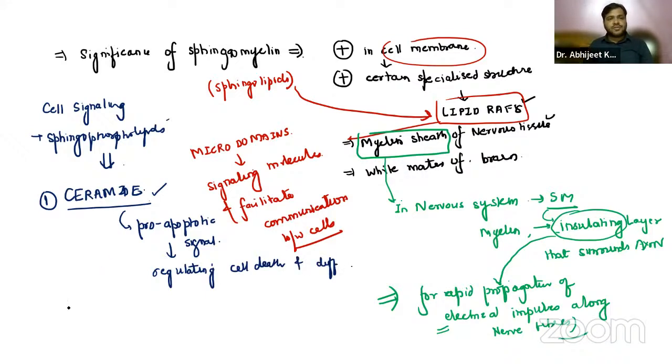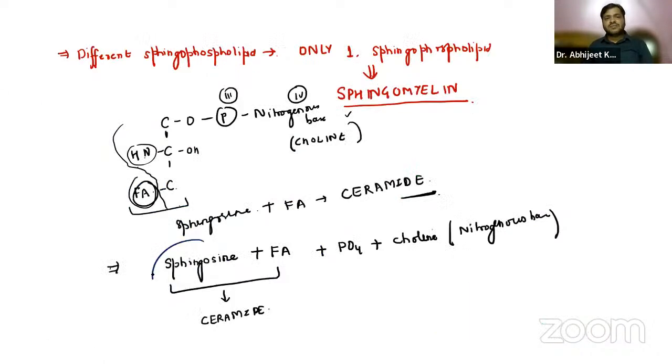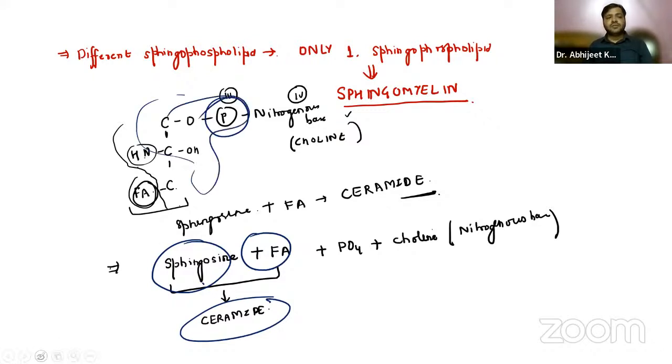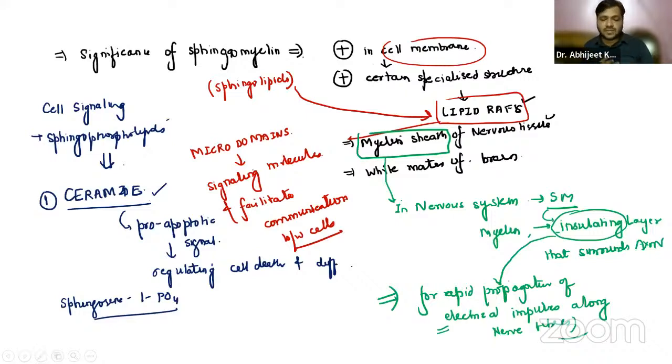Apart from that, if we talk about sphingosine 1-phosphate, these are the same compounds, guys. Sphingosine with fatty acid is ceramide. Sphingosine along with the phosphate group is also acting like a signaling molecule.